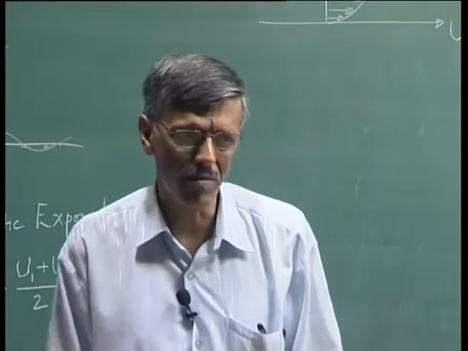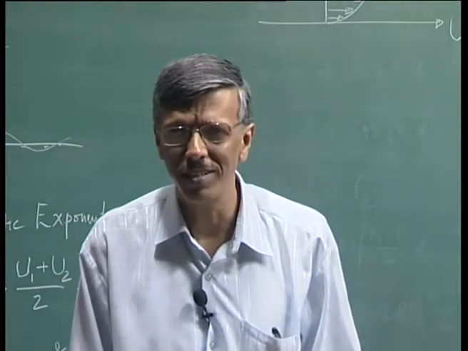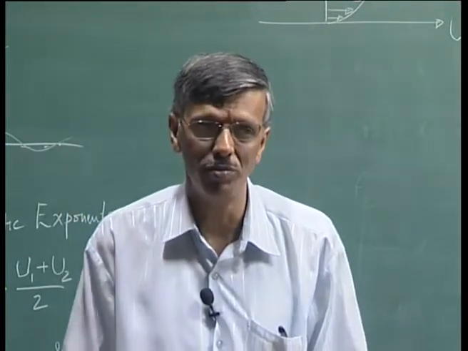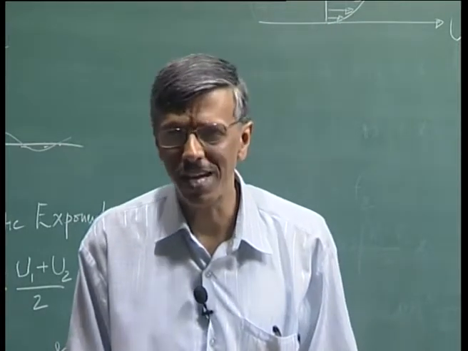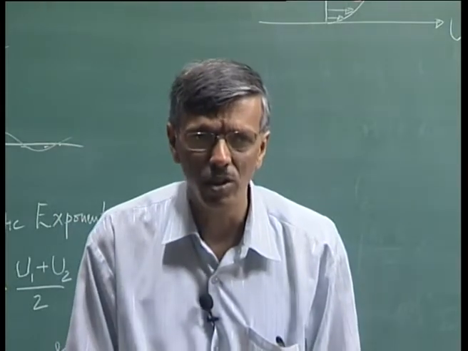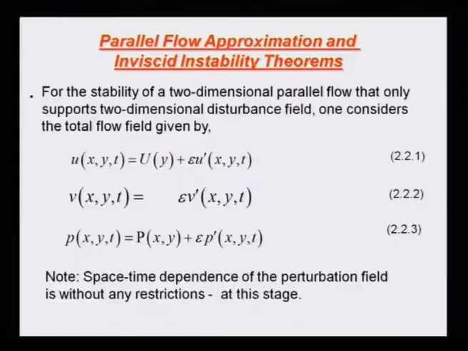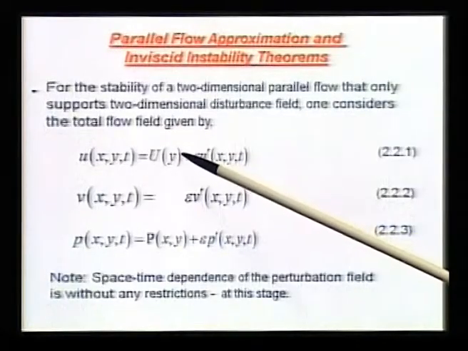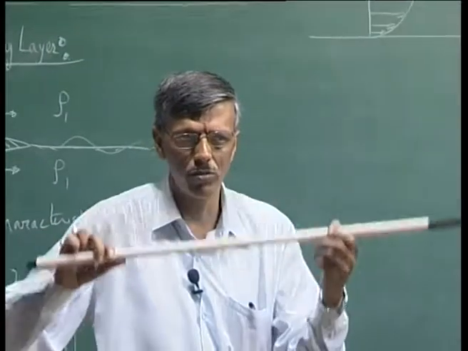So, what are we sacrificing in making that assumption? We are sacrificing the growth of the viscous action. What is the viscous action? The existence of a boundary layer, let us say. So, in this framework, when we are saying there is only u of y and v is absent, we are talking about streamlines which are parallel to the wall.